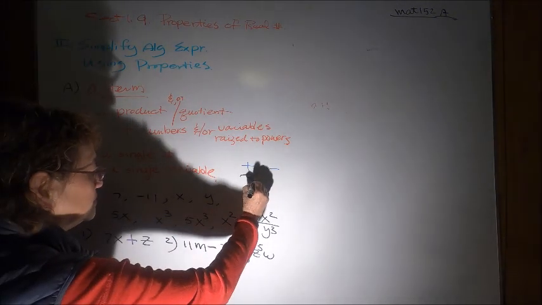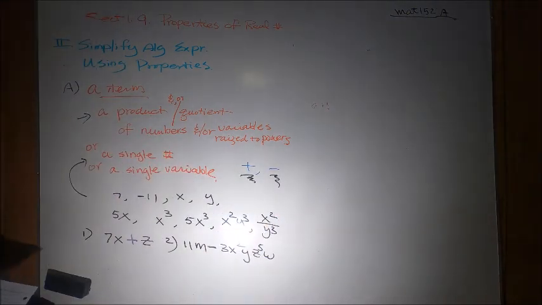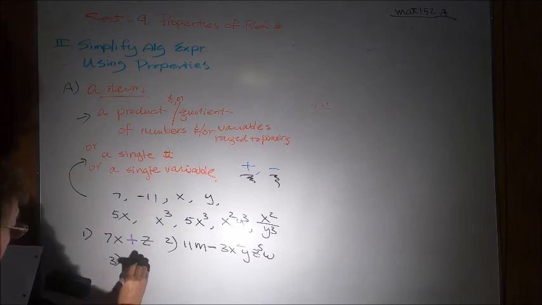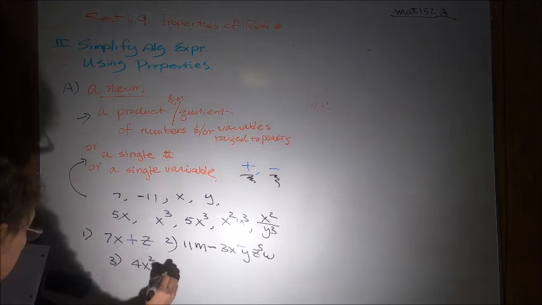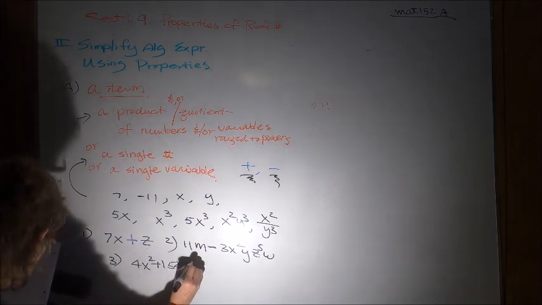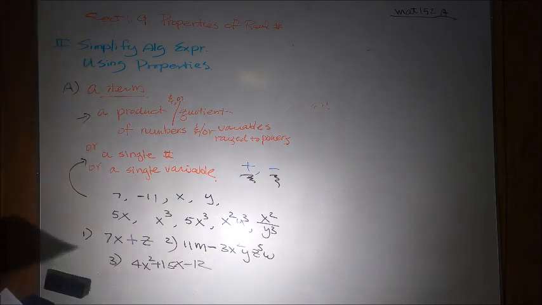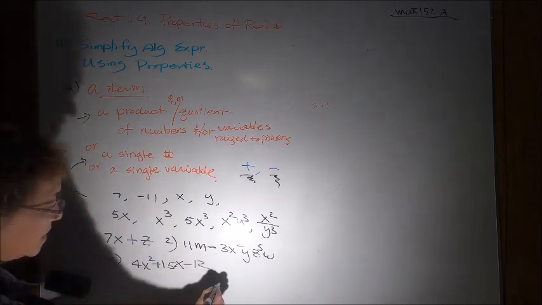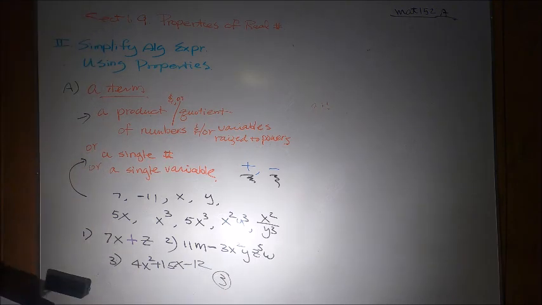They are separated by plus and minus. If we have this, 4x squared plus 15x minus 12. How many terms you think you have? That would be 3 terms. Right? Good?